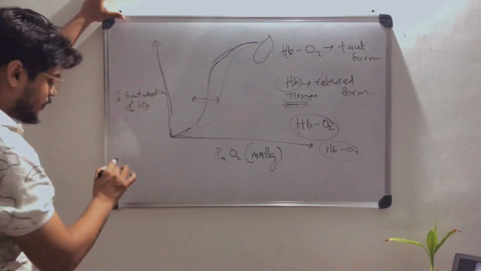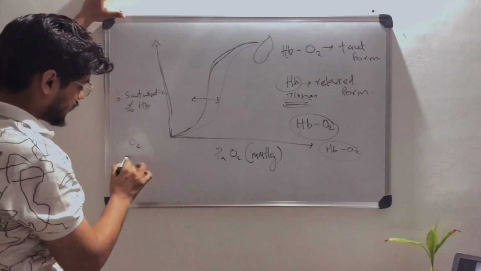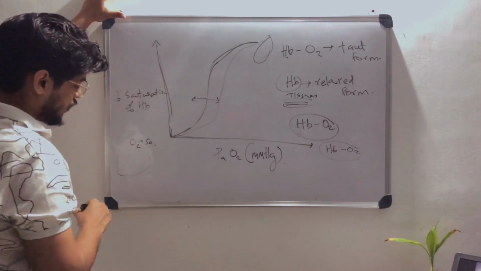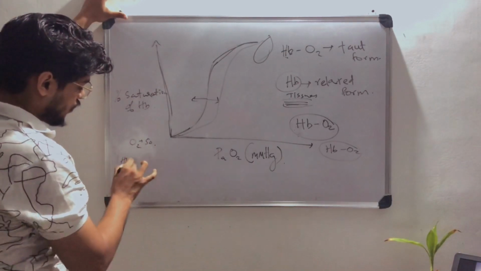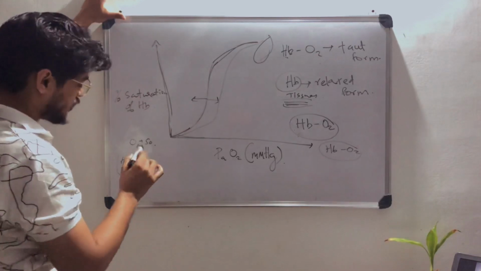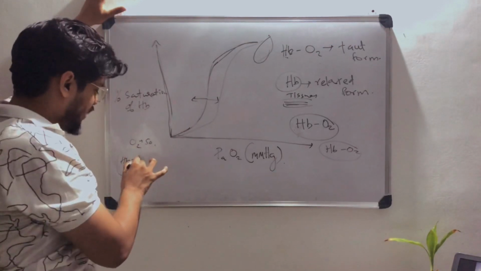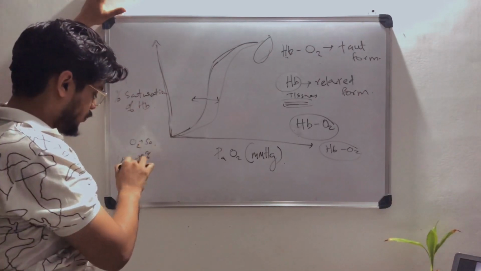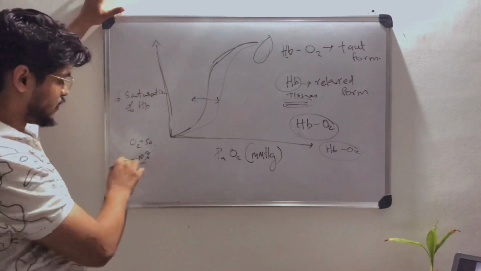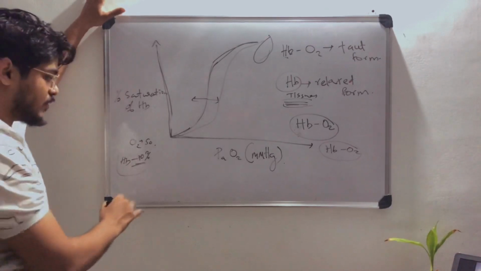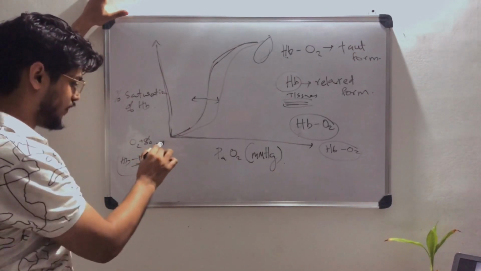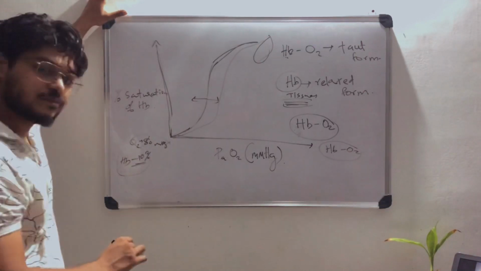Because before, if the oxygen concentration was like 50, the hemoglobin would be bound to, let's say, 70%. But now to reach this 70% of hemoglobin saturation, we require maybe 80 mmHg of oxygen.